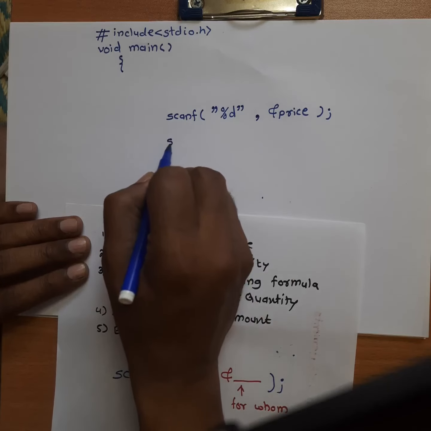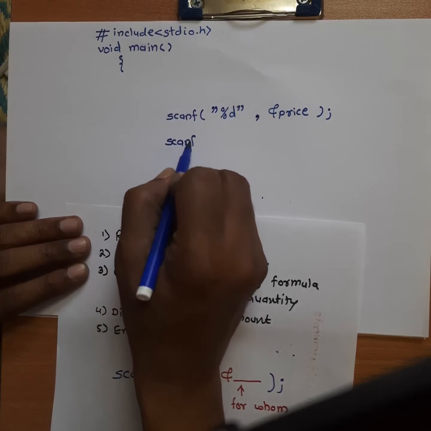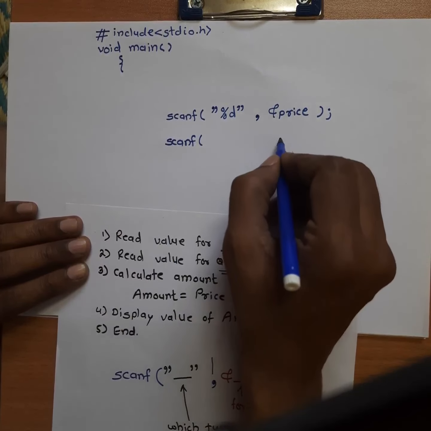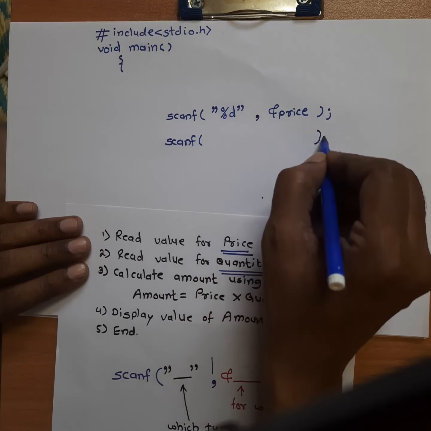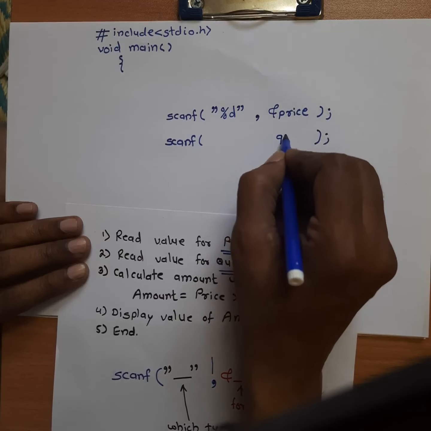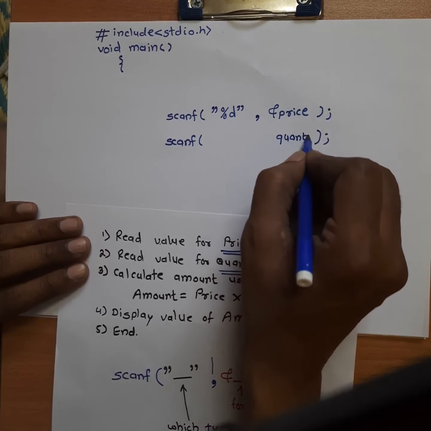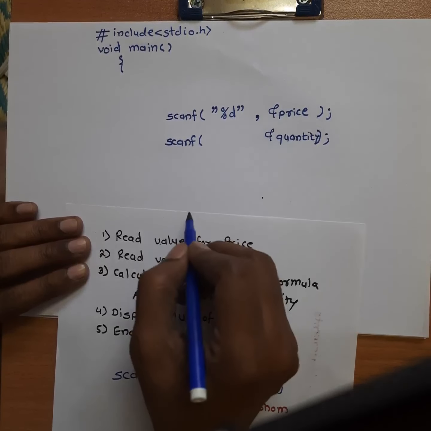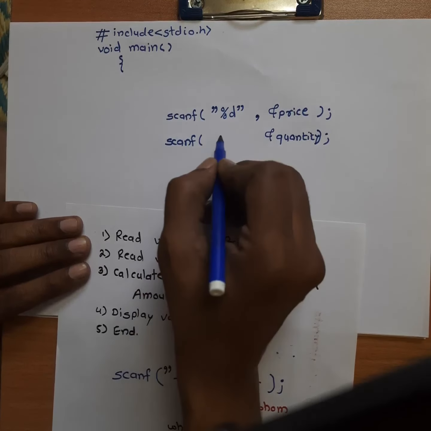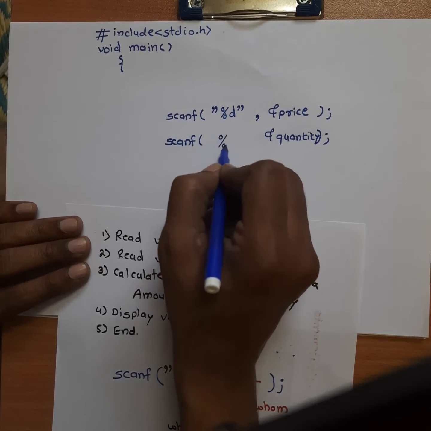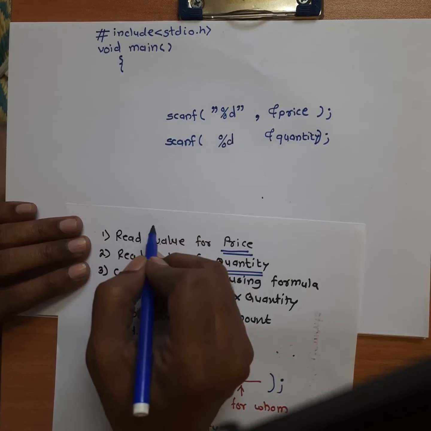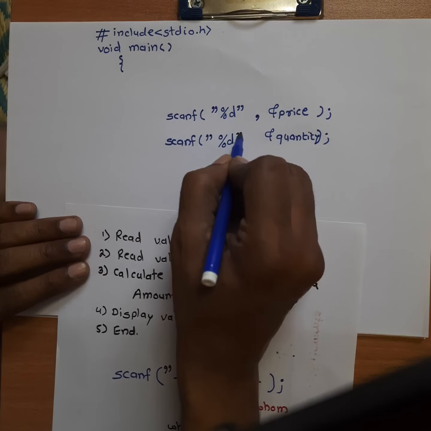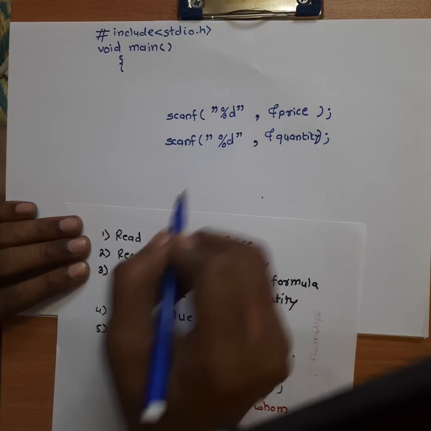Similarly, the second statement is read value for quantity. So I want to read value for quantity. Before this, we have to give an ampersand. Quantity must be of type integer, so we give here %d, and this must be present within double quotes and then a comma.